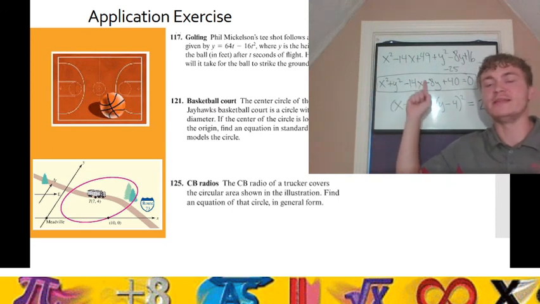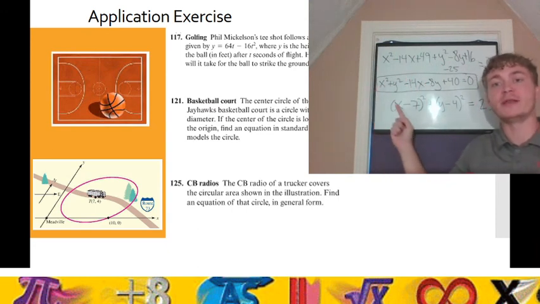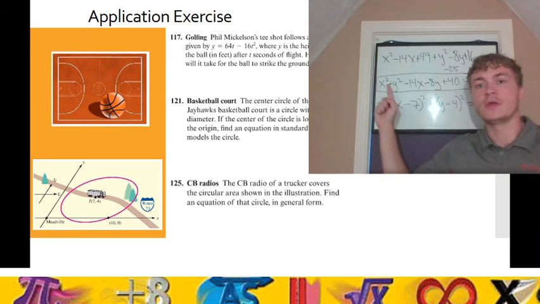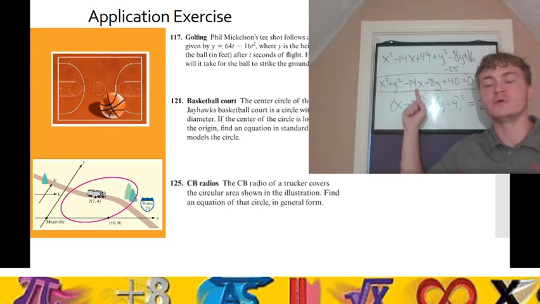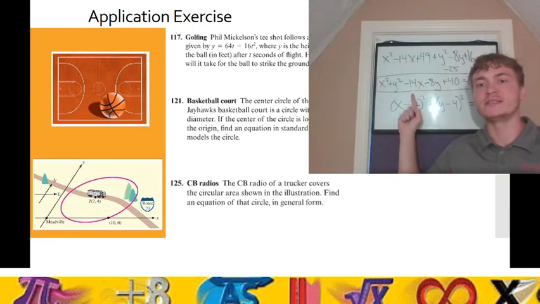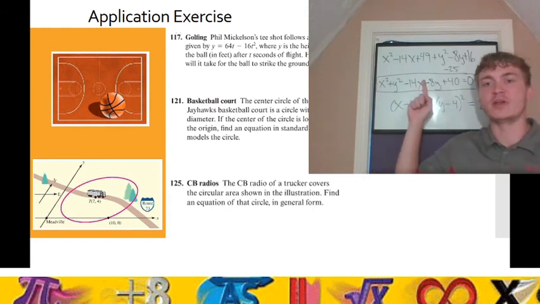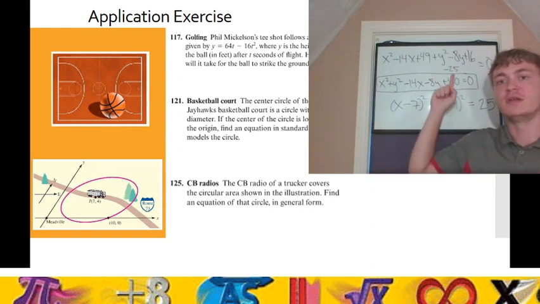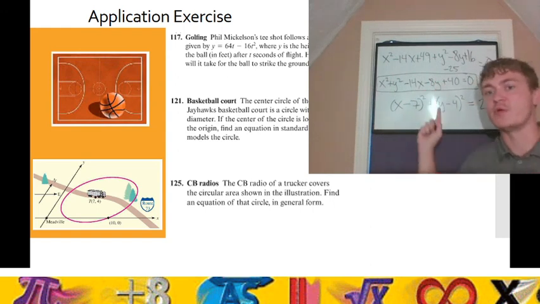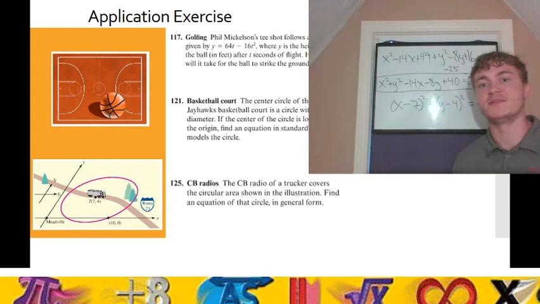But from here, at any time, by completing the square, we can rewrite it in standard form. X squared minus 14x. Well, what constant do we need to add to this to make this a perfect square trinomial? That's the plus 49. Here, the plus 16. So the 49 and 16 would be 65. What's left over? The minus 25 that we move over to the right to make positive 25.